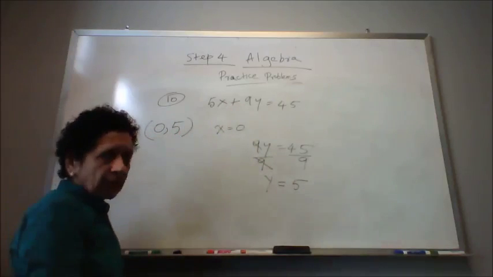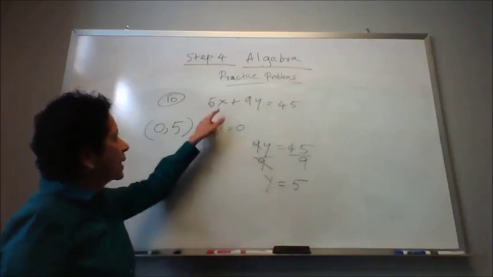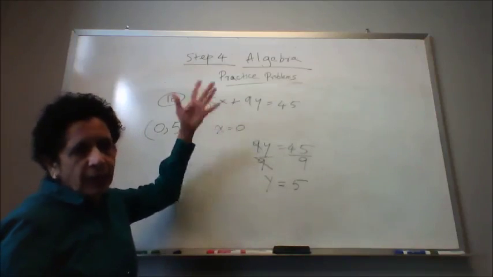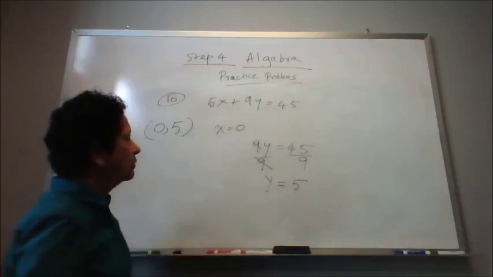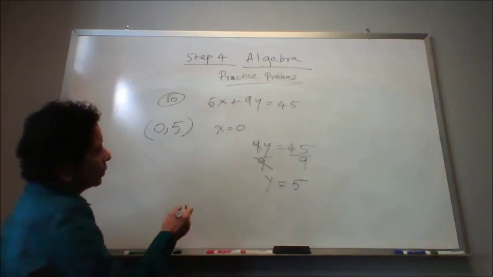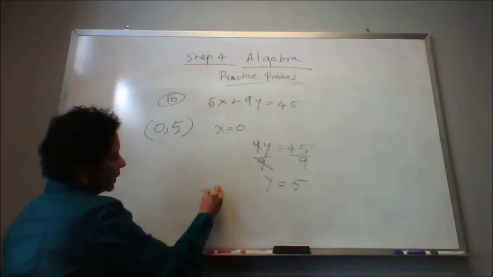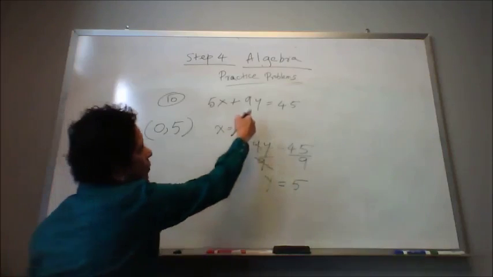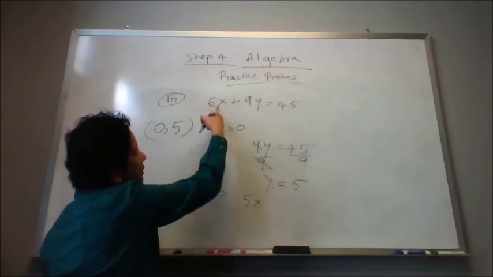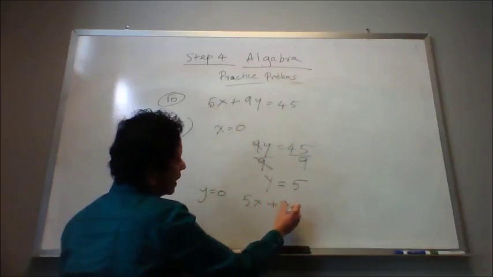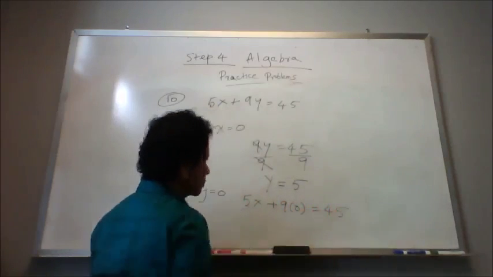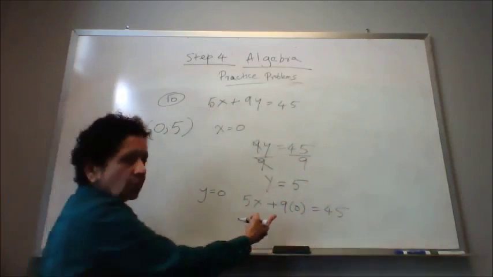Now I need to get the second point on the line. For that I can use anything. I can put x equal to 2, x equal to 3, x equal to 5. I can use any value. What I'm going to do is put y equal to 0. So when I put y equal to 0, I just plug in: 5x, then 9 times y is 0, and that equals 45.